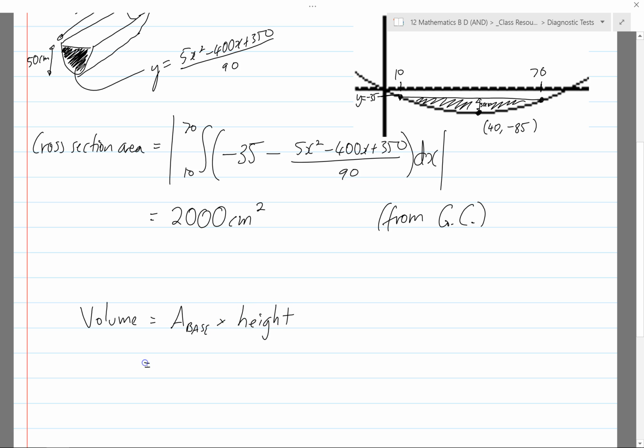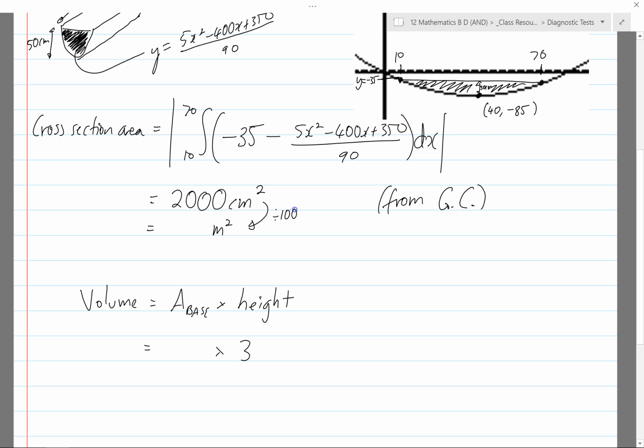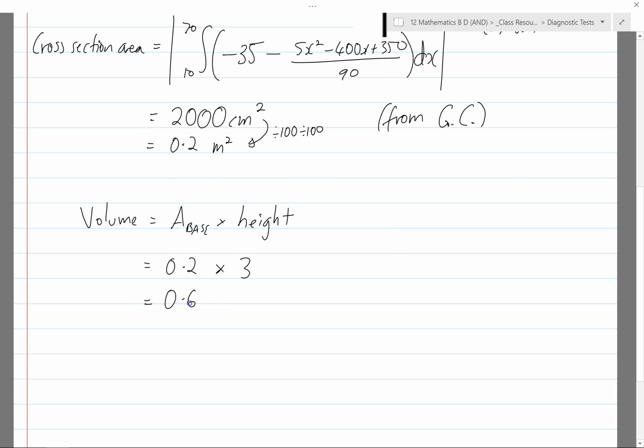And remember, to do this conversion, centimeters to meters, I normally divide by 100. Since there's 2 dimensions, I need to do it twice. So I'll get 0.2 square meters as my cross-sectional area. And I'll end up with 0.6 meters cubed as the volume of my trough.